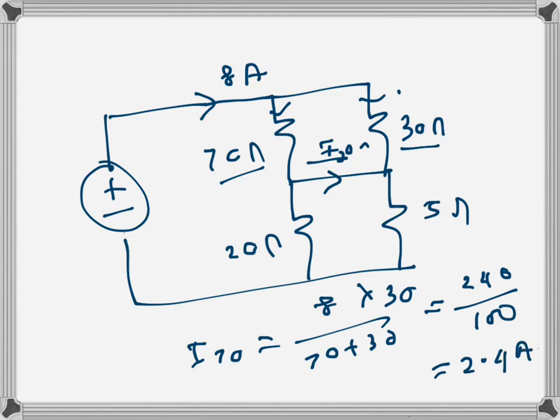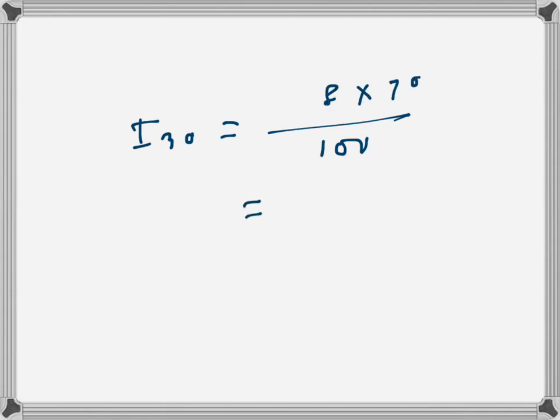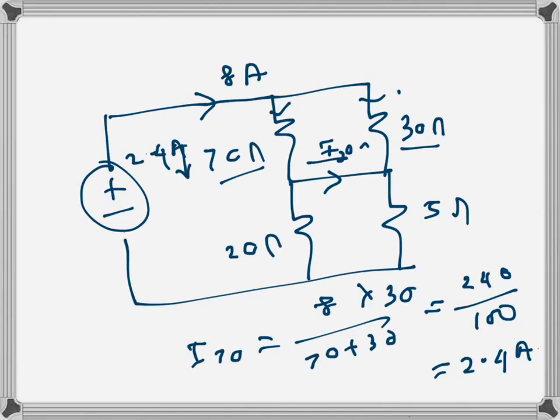So that is this current, 2.4 amps. And the other current we could have calculated by subtracting, but I will just calculate again: 8 over 70 plus 30 times 70, so that becomes 5.6 amps. So that is the current that's going this way.